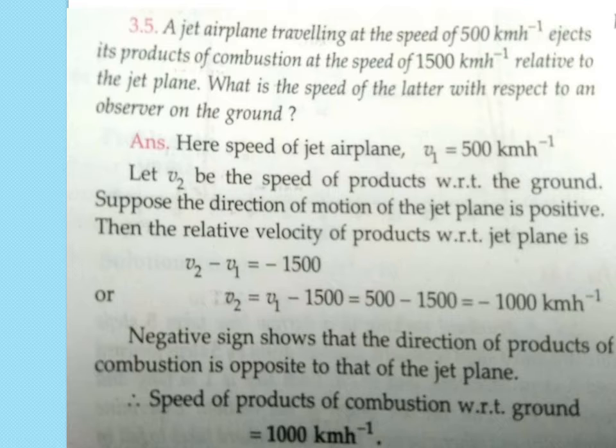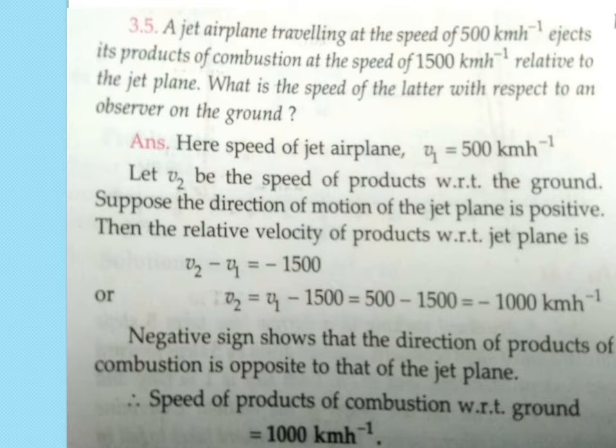This 1500 is the relative velocity given to you, the relative velocity of the exhaust gases with respect to the plane. So, you know what is the formula. The formula is the relative velocity of first with respect to the second. Now, here we are calculating the relative velocity of the exhaust gases with respect to the airplane.